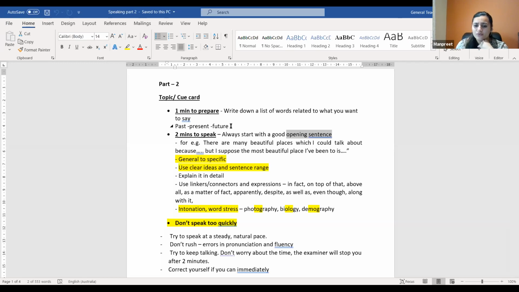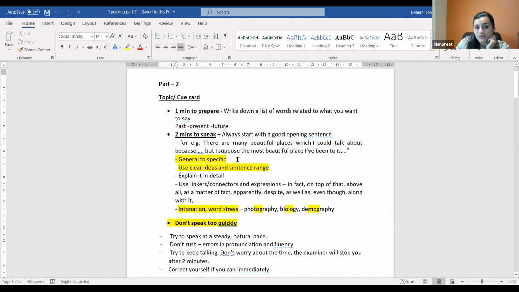You don't have to start straight away with it. You don't have to say my favorite restaurant is so and so. That doesn't give a good impression on the examiner. So always start with a general sentence. It doesn't have to be this one, but this is a good sentence if you want to go with it. You have a choice of using any other general sentence, but we recommend using this one.